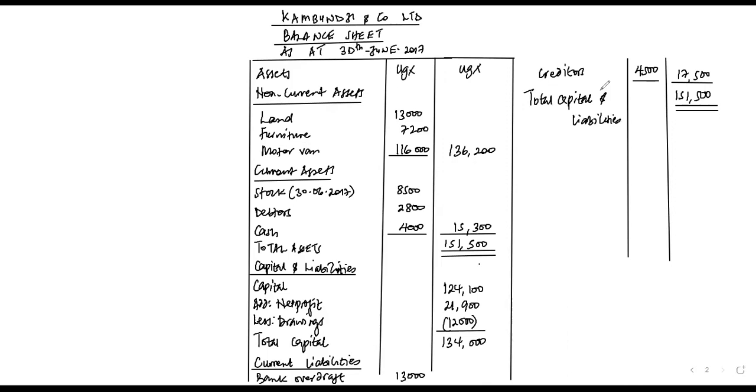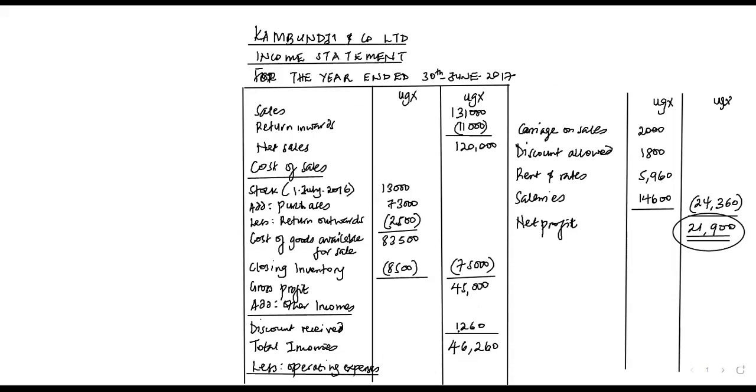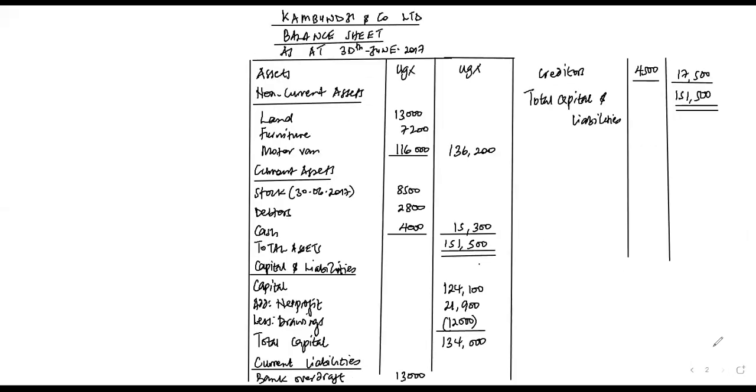Bookkeeping Limited, May 2023. The balance sheet carried 10 marks, and then the income statement also carried 10 marks. Remember, when you prepare the balance sheet, don't forget the accounting equation, which states that assets should always equal the total of capital and liabilities.